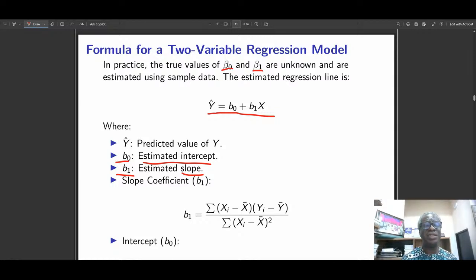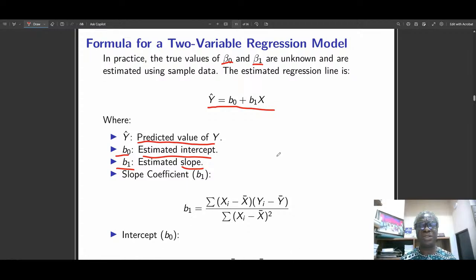And then we use y cap to indicate the predicted value of y. That is why the predicted value may not give you exactly the actual value. So the difference between the predicted and the observed, the actual, is the error term that we are talking about. But again, we are not going in that direction.